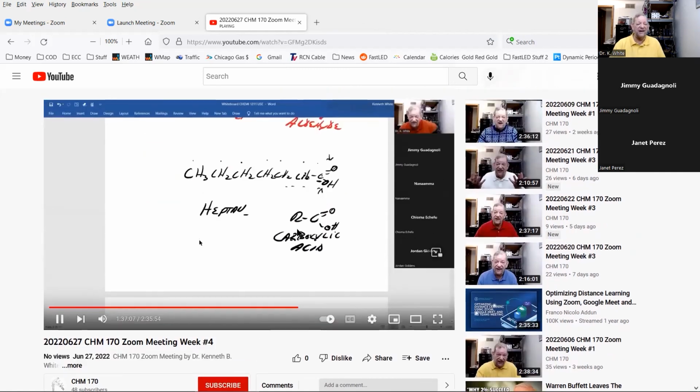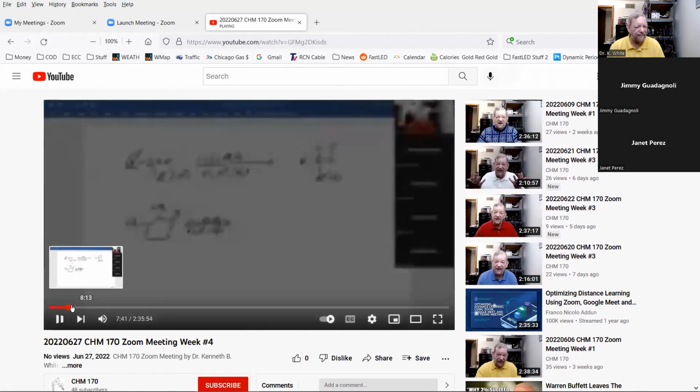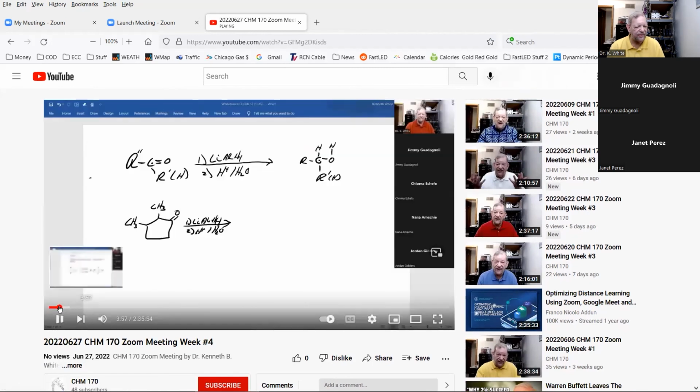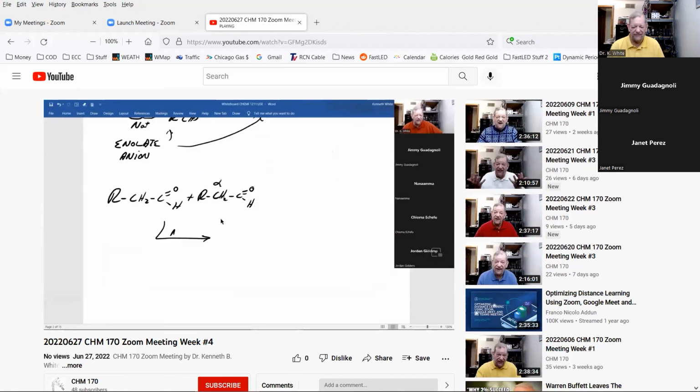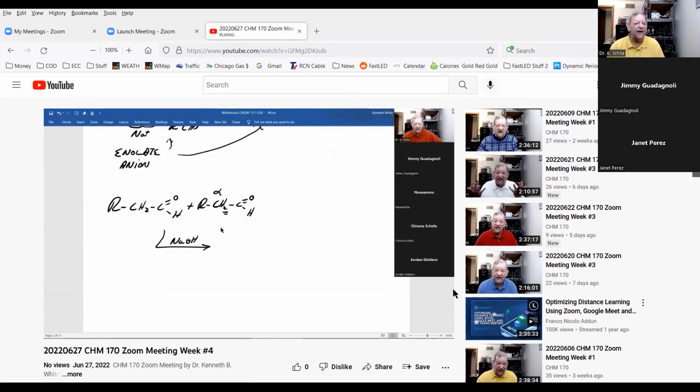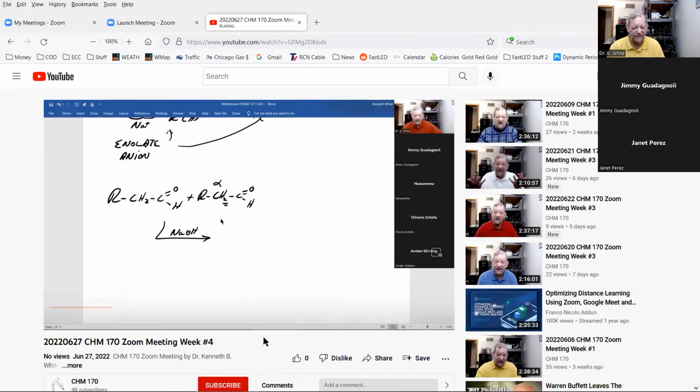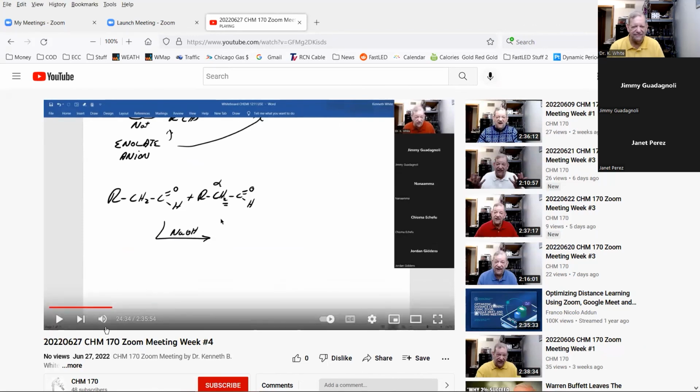Friends, the only I made a mistake. Hexane, drop the E, add O. Oh no. When I react this with base, I'll pull a hydrogen off there. All right. To form the enolate anion. Now the enolate anion is looking for. I made a mistake. Well, I wanted to separate them.